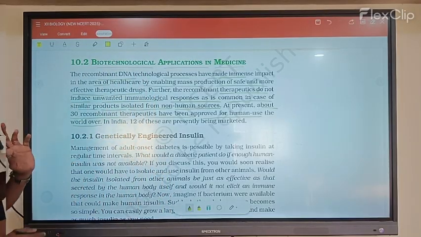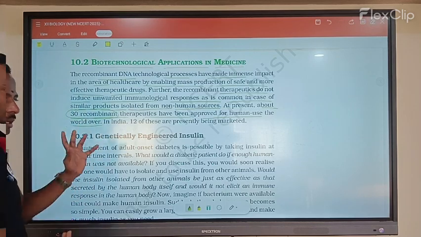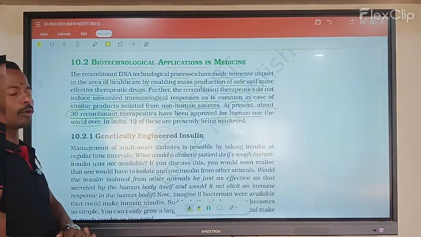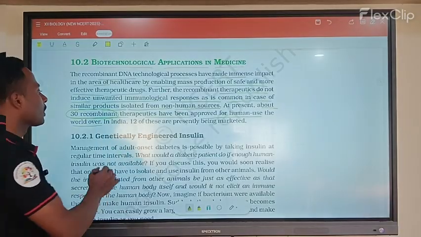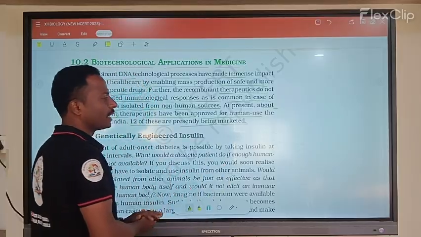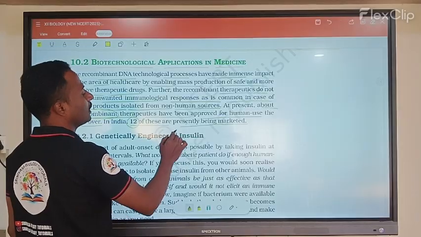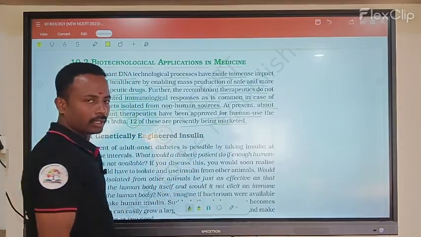In India, 12 of these are presently being marketed.